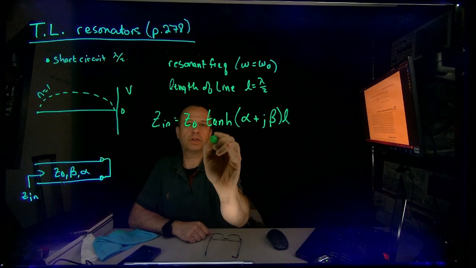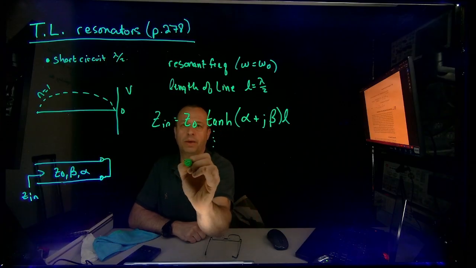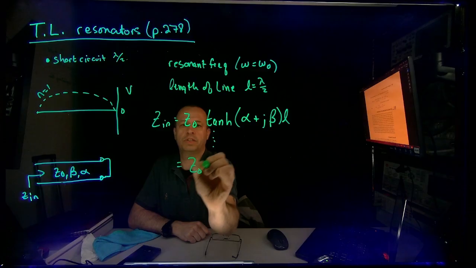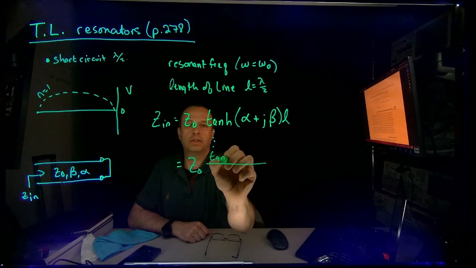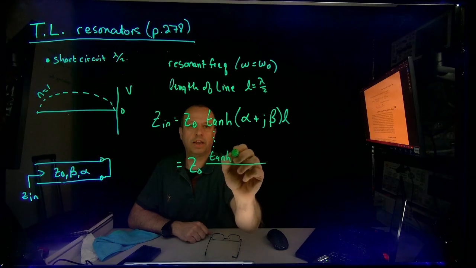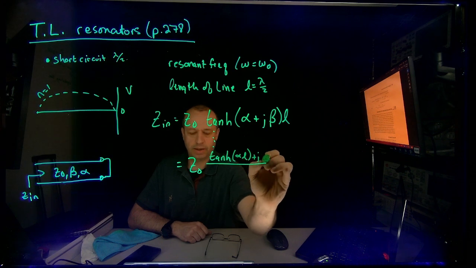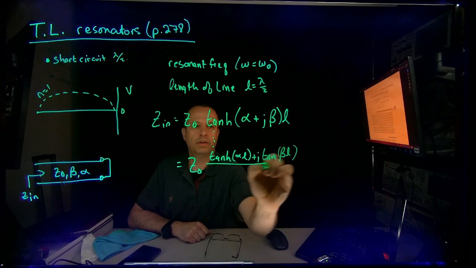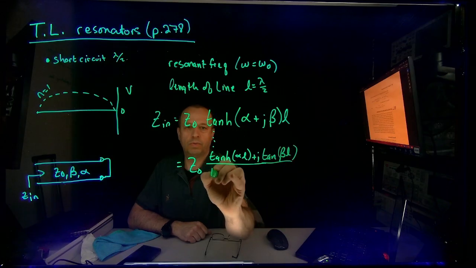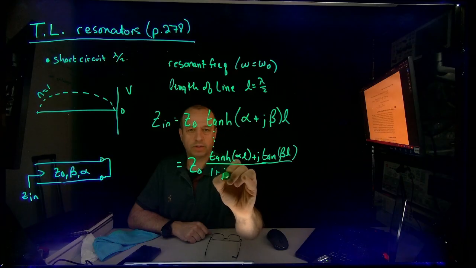Then we do some trig functions, and this is equal to Z naught times hyperbolic tangent alpha L plus j tangent beta L, over 1 plus j tangent beta L times hyperbolic tangent alpha L. Sorry, my j's are a little short.